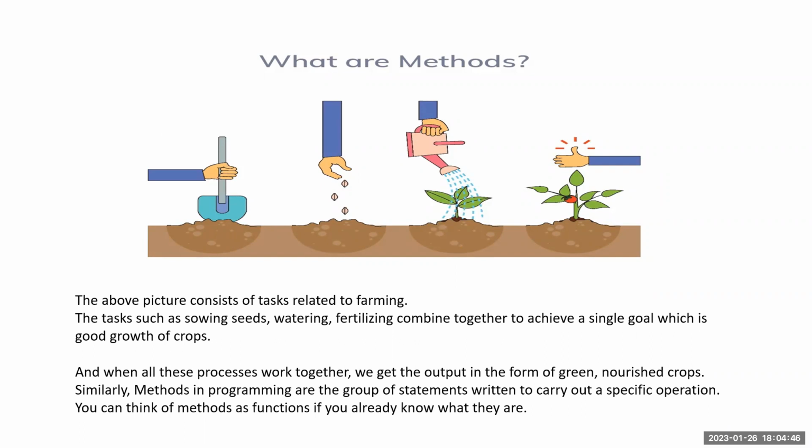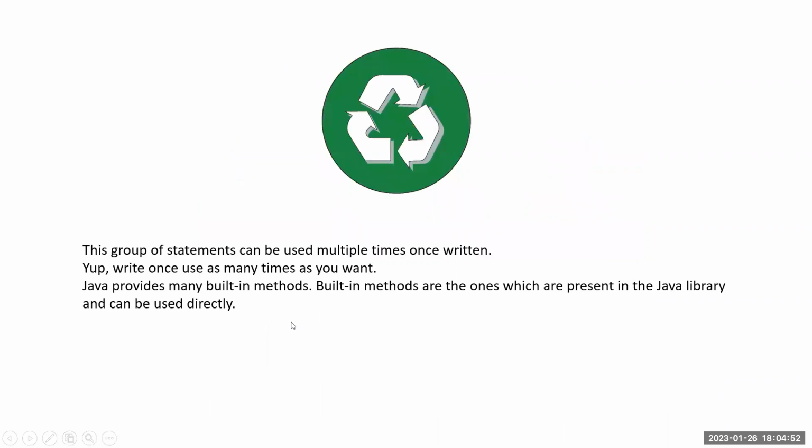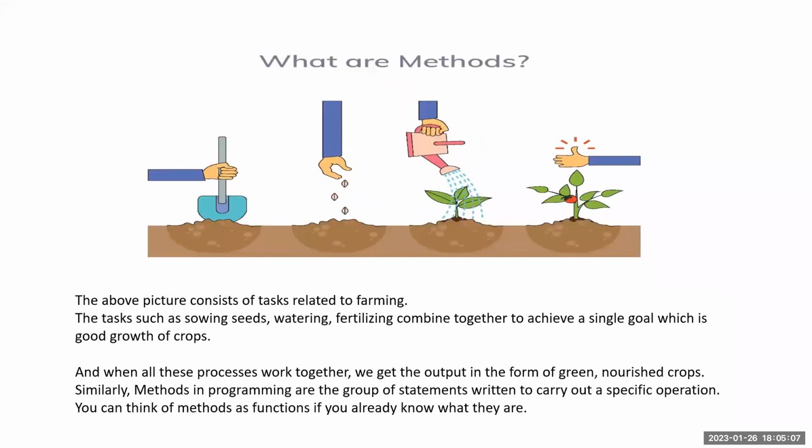So what do we do with these methods? We do some operations, right? When you write a method in a class, these methods are the same not only for one type of plant, but for different types of plants, different types of farming as well. So when you create these methods in your class, they can be reusable.